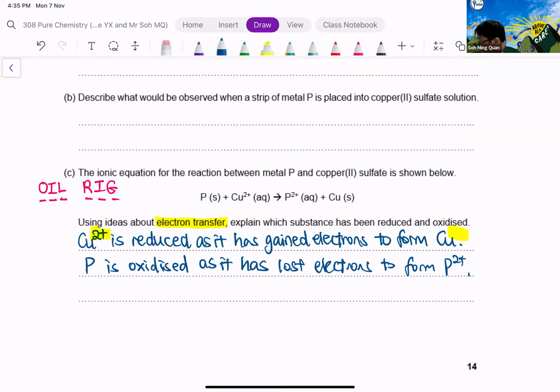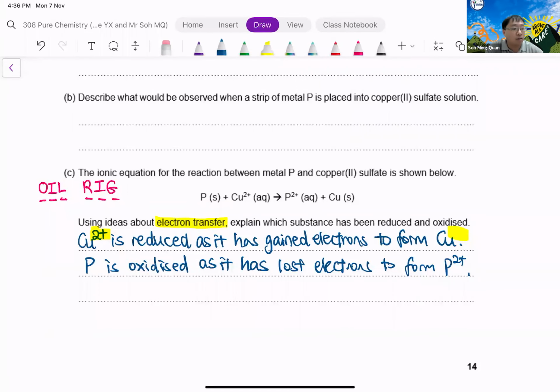So let's ask. Andre, which one is the reducing agent? P is the reducing agent as it is oxidized. Very good. So we have gone through this, right?